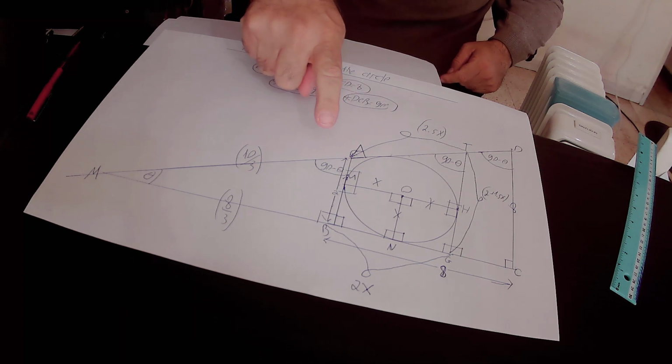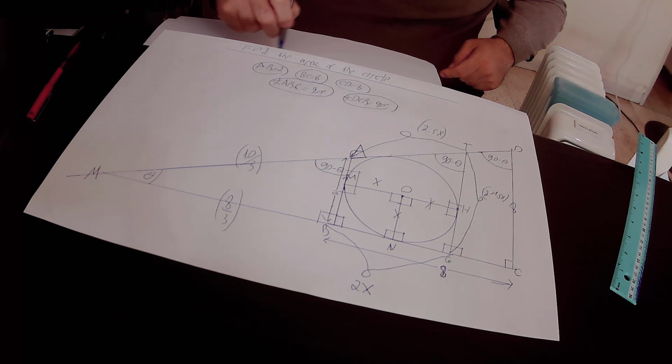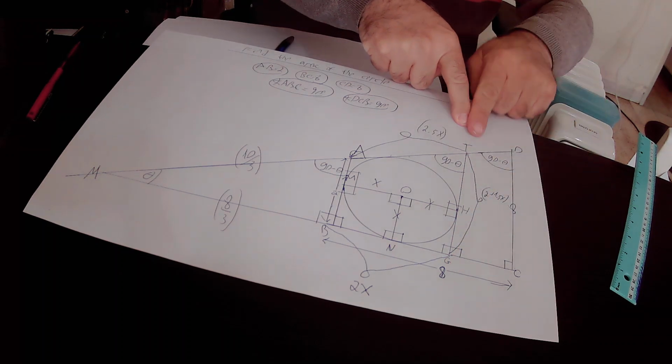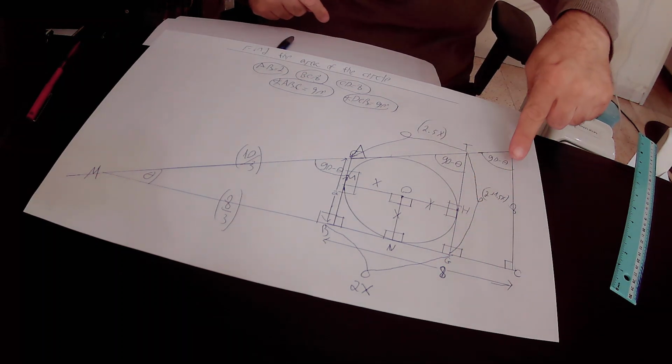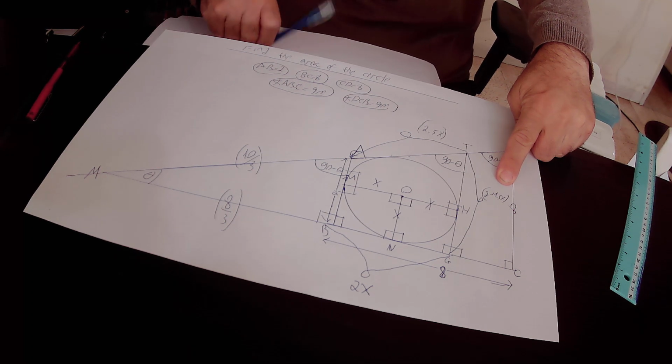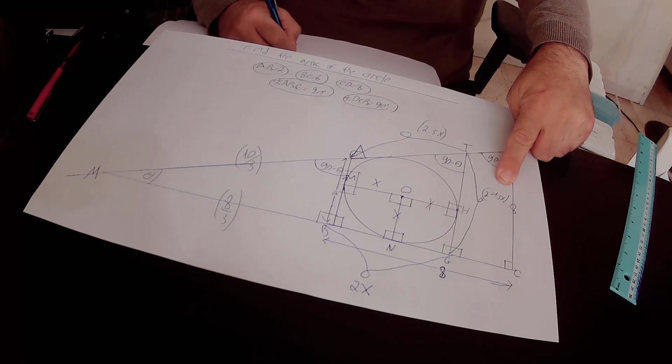AB is 2, so we substitute AB by 2, plus TG. TG equals 2 plus 1.5x, so we substitute TG in the equation by 2 plus 1.5x.